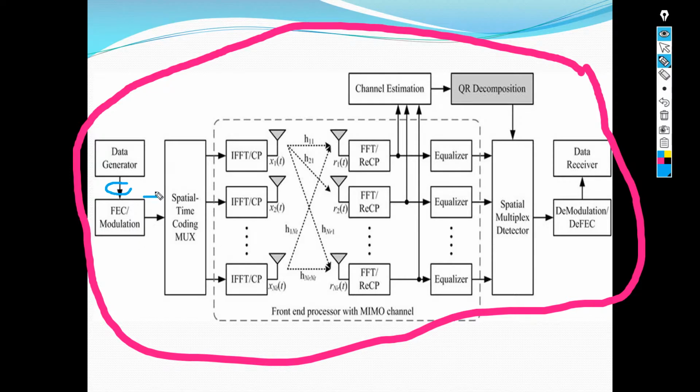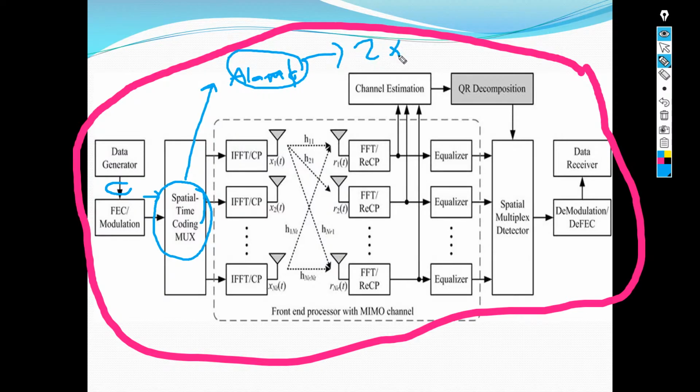And then after that, you feed it to a space-time encoder. Now, what's this space-time coding? Think of it like Alamouti coding, but this is different from Alamouti coding, because Alamouti coding was proposed for only the case of two antennas at the transmitter. But space-time coding is a more generic technique that can work with any number of antennas.